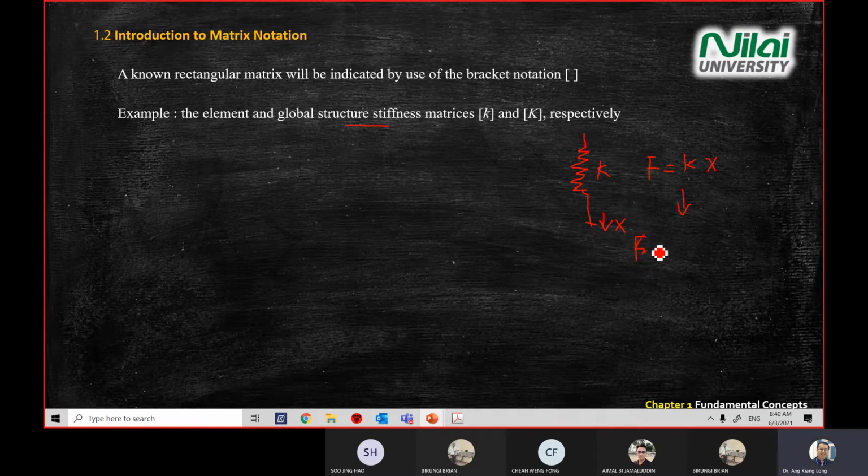Again, for force, you need to use curly bracket. Apologize for my drawing, I'm using a mouse to write on the screen. K represents stiffness, so again, remember to use square bracket. X is the displacement, meaning the movement.